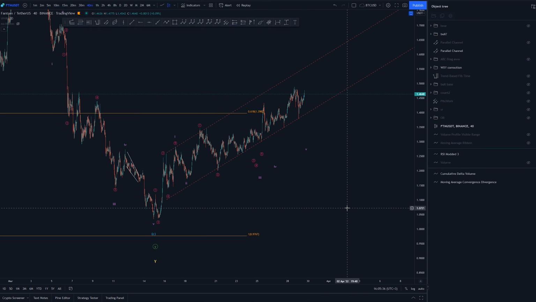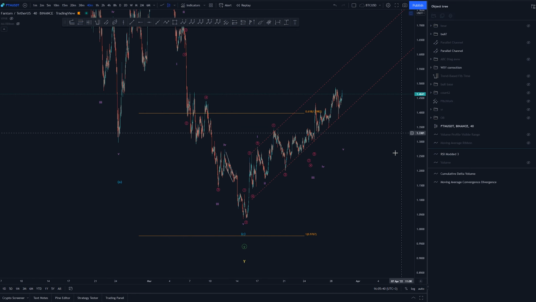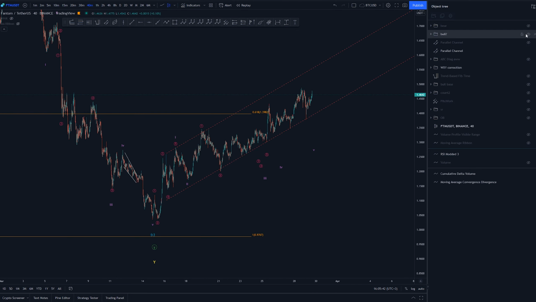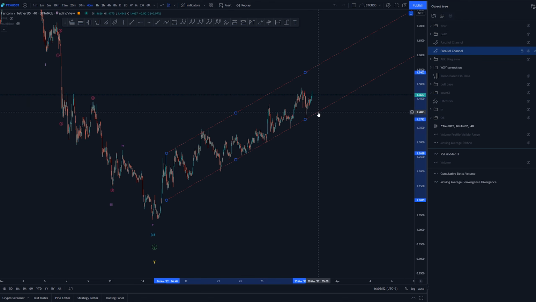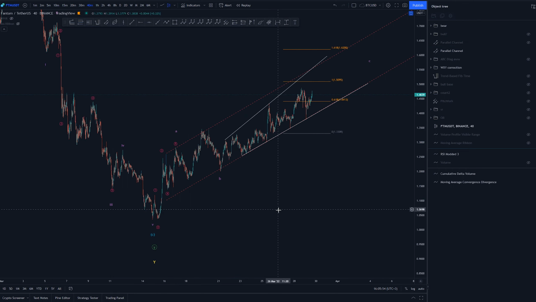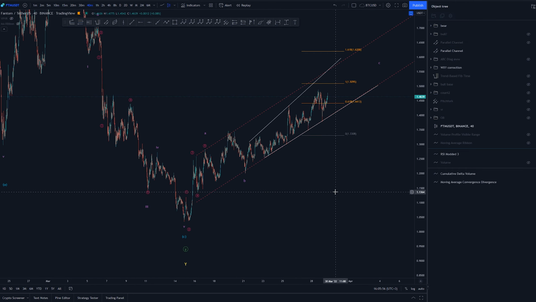Now at this point it is really hard to say what this is, but to me this looks more like a corrective pattern of some kind of complex structure that I just can't identify yet. I'm just going to leave this channel on here for now and present you another option.